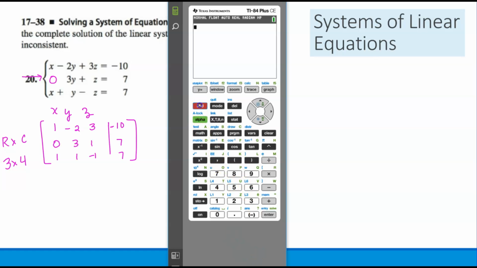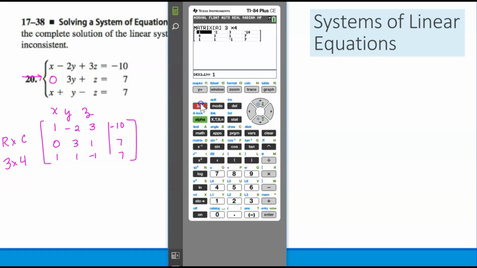So we're going to say second matrix, edit. So 3 by 4, 1, negative 2, 3, negative 10. So that was good. 0, 3, 1, 7. That was good. 1, 1, negative 1, and then 7.